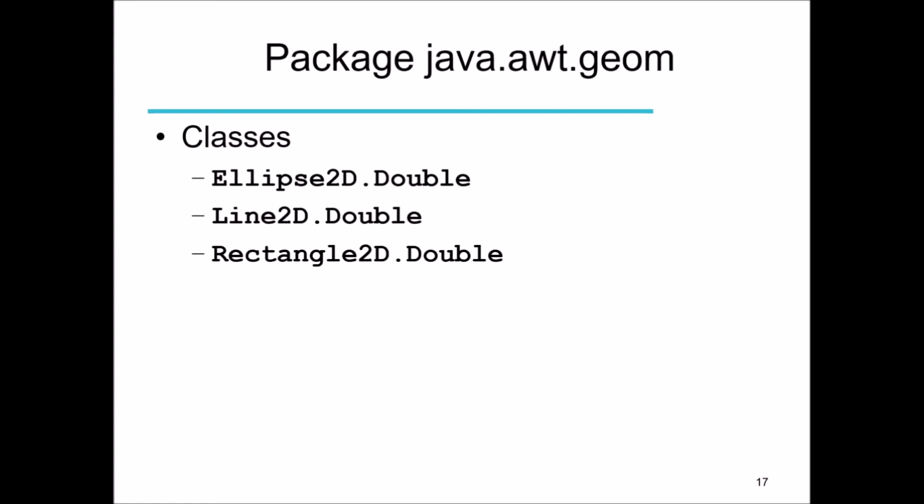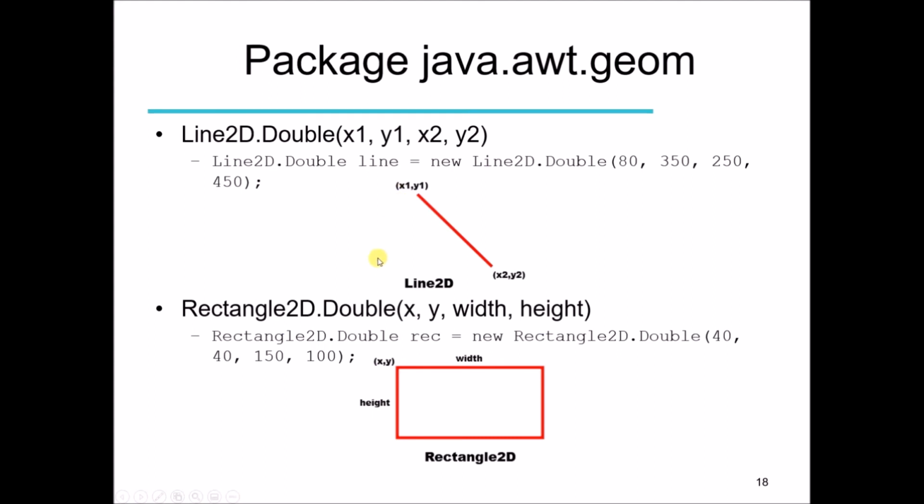So later on we can reuse the object, or we can change certain parameters of that object. Now we are going to discuss these classes: ellipse 2D double, line 2D double, rectangle 2D double, and these classes will take parameters of type double. So let's discuss these classes.